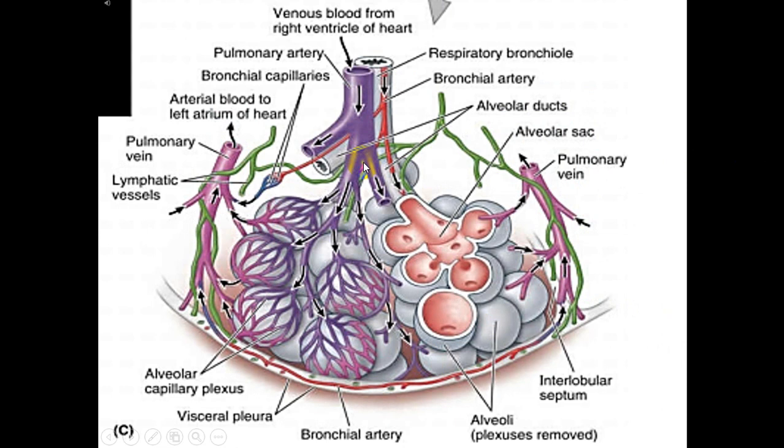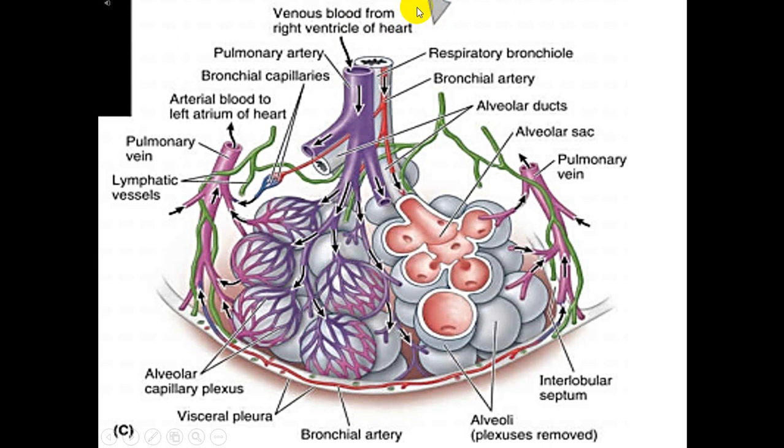At the segmental level, we can observe the bronchial artery along the bronchus and a branch of the pulmonary arteries. We already discussed that in the proximal or hilar part, the capillary plexuses formed by the bronchial arteries drain into the bronchial veins.